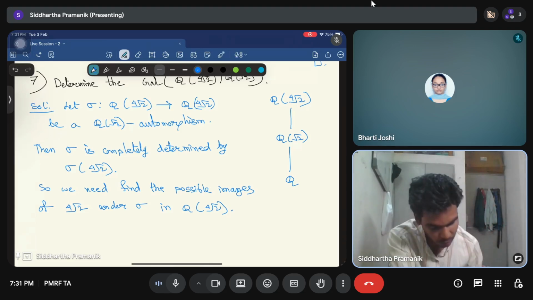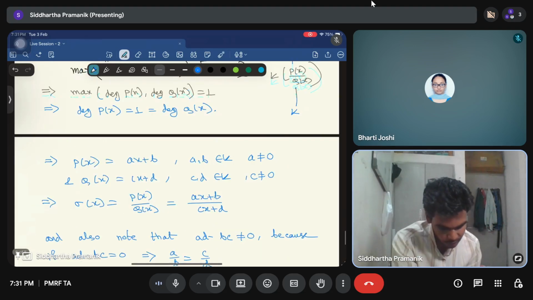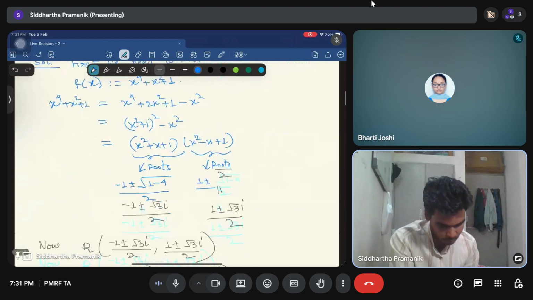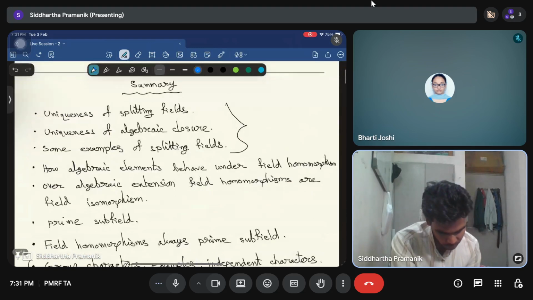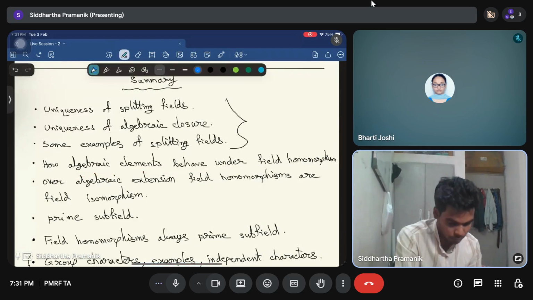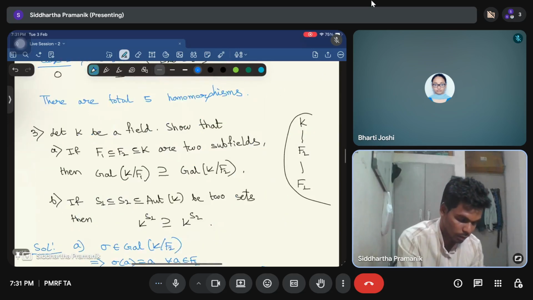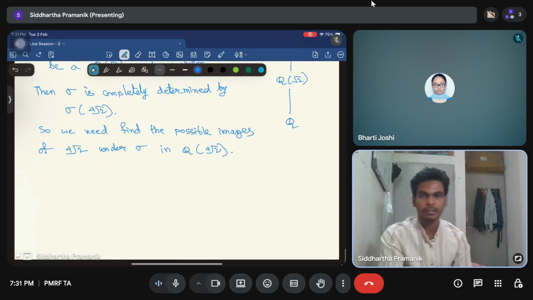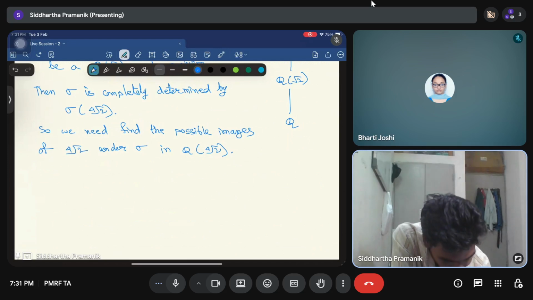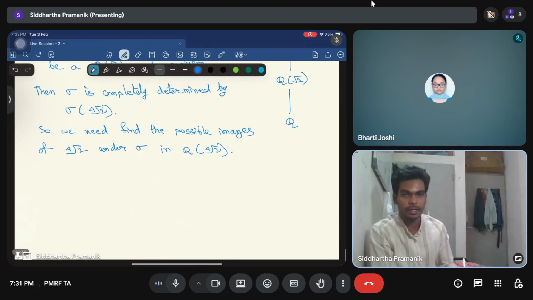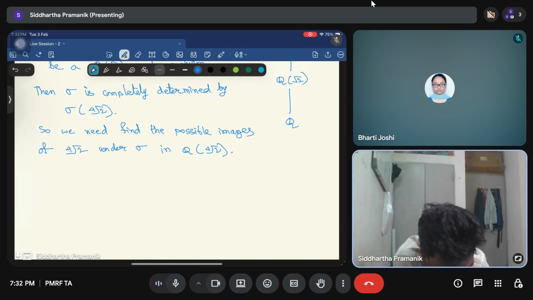We already mentioned in the beginning how algebraic elements behave under field homomorphism. Their image is also algebraic, and it has to be a root of the same irreducible polynomial. So first, let's determine the irreducible polynomial of the fourth root of 2 over Q root 2.